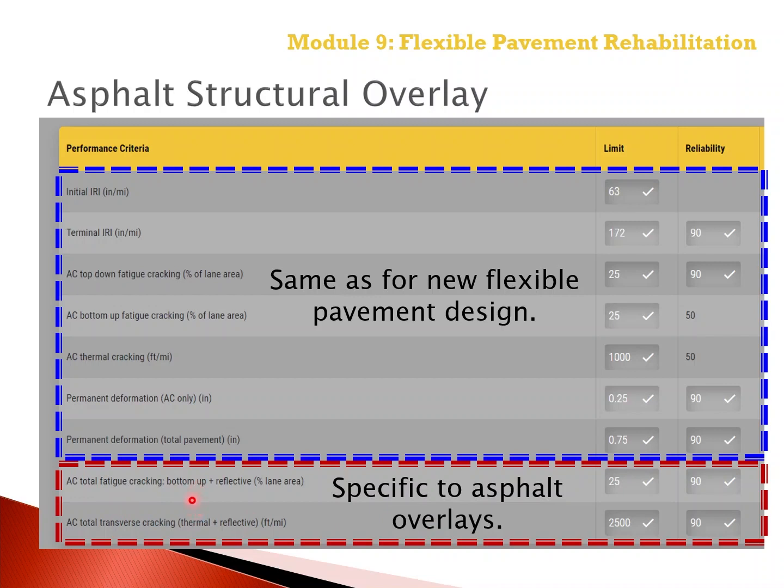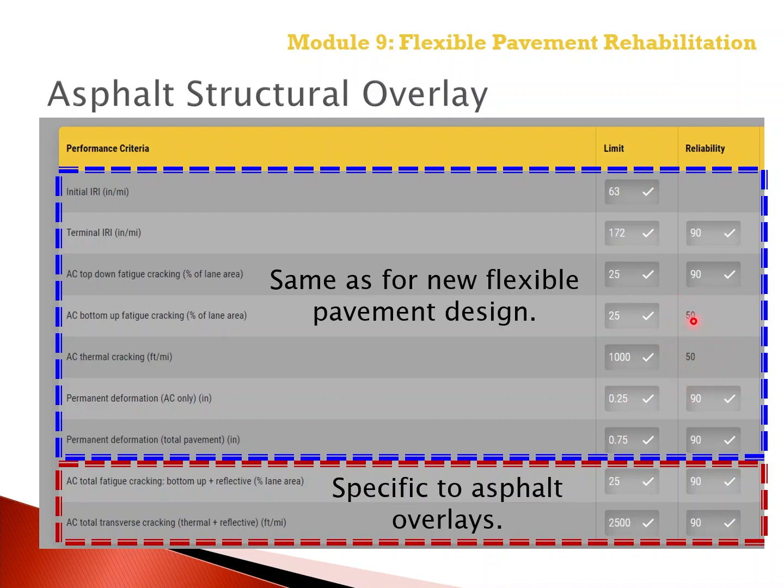The program still calculates AC bottom-up fatigue cracking. This is new in the asphalt overlay, and it also calculates new asphalt thermal or transverse cracks specific to the asphalt overlay. As mentioned previously, the reliability value for these is 50%, and the user cannot change that.